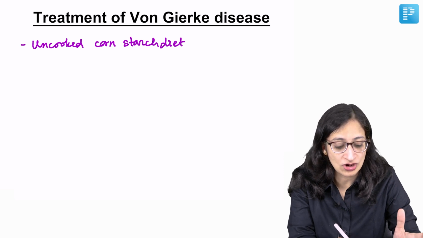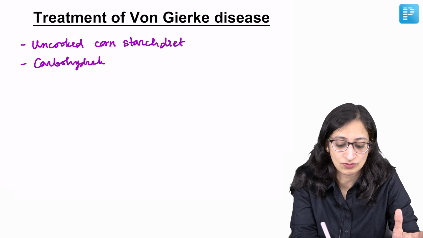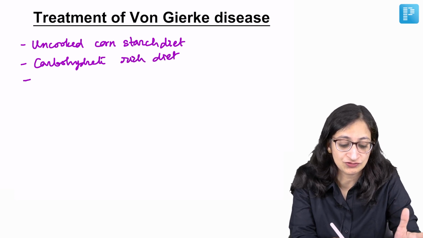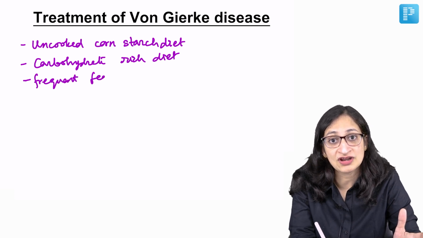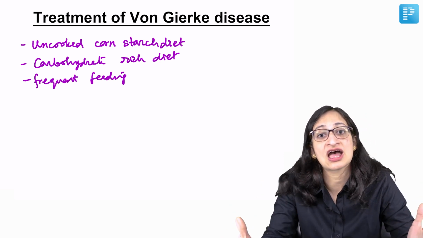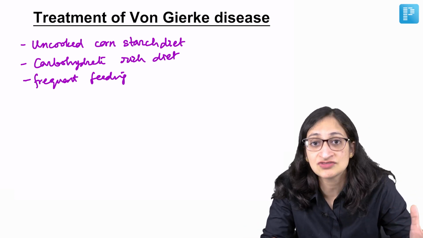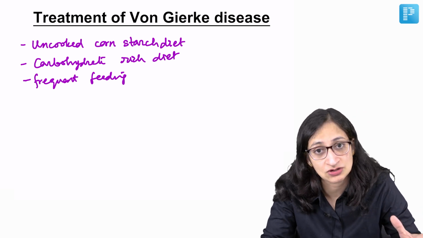So a carbohydrate rich diet needs to be given. Frequent feeding is required. You have to feed them at 2-hourly intervals, even through the night, to prevent these hypoglycemic attacks, which can even give rise to seizures. These children can have severe hypoglycemia, which can be symptomatic and can have a lot of consequences.